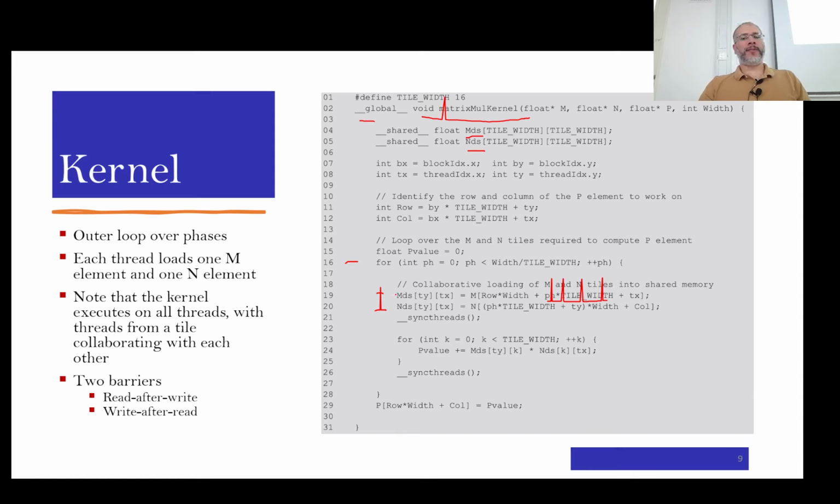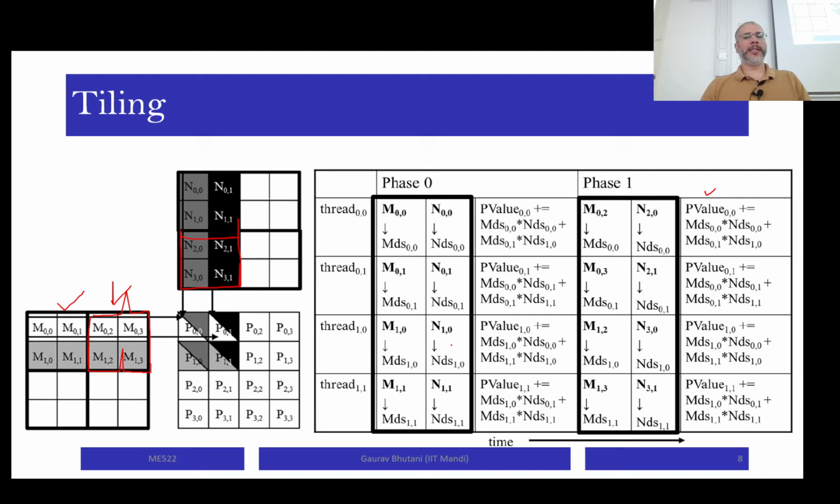So once you have, I'm going quick because you already understand the algorithm, you can read the code yourself. Once you have copied all these, you have to have a barrier here, because if you look at thread number 00, thread number 00 requires MDS 01, and MDS 01 is being copied by thread number 01.